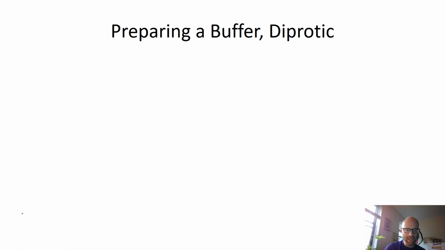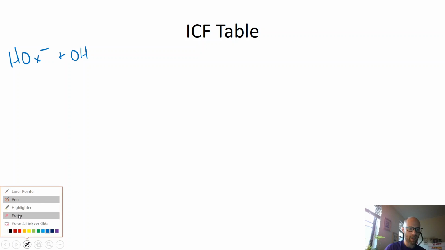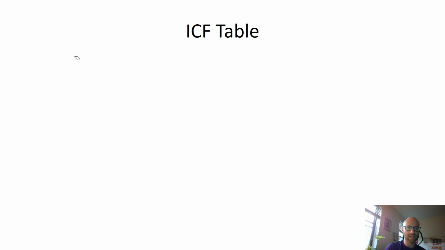Right. So at this point, I think the best way to approach this is if we're going to take a solution of intermediate and convert some of it into the full base, then I want to draw one of these ICF tables that I've mentioned in class before.